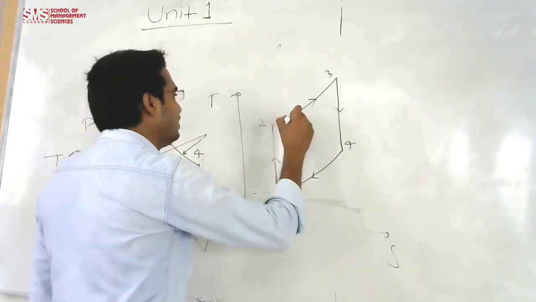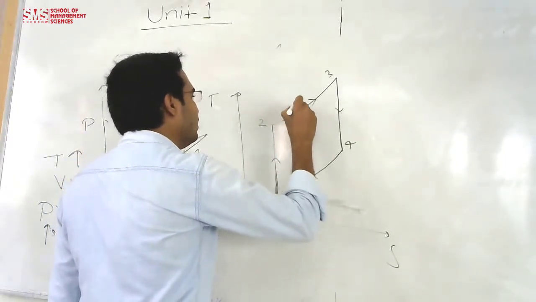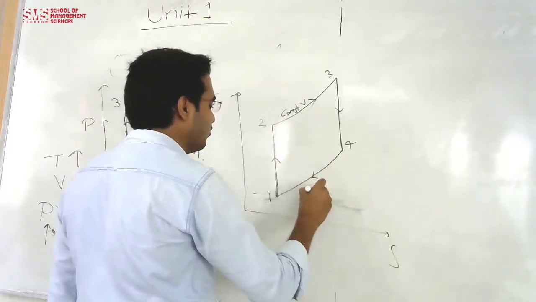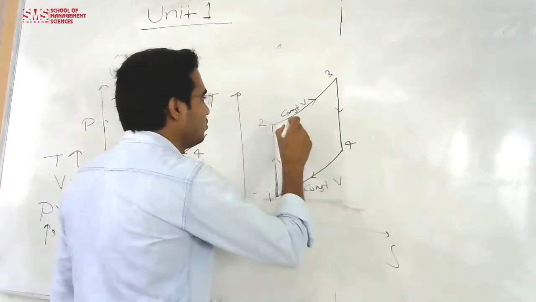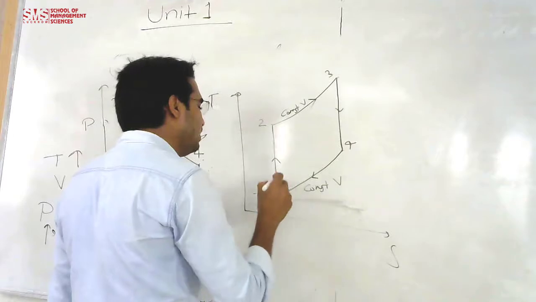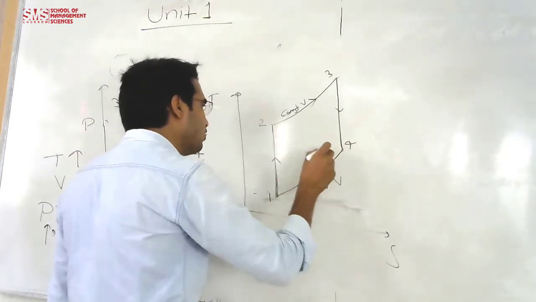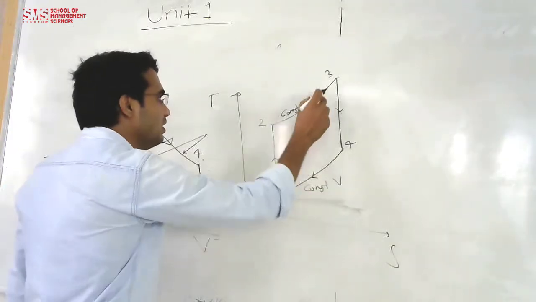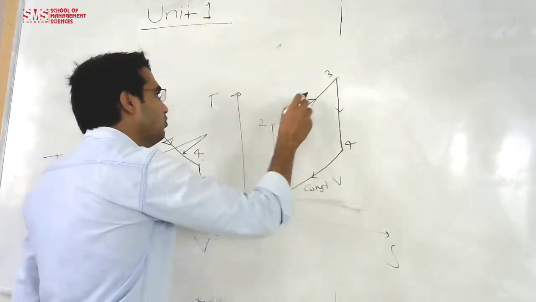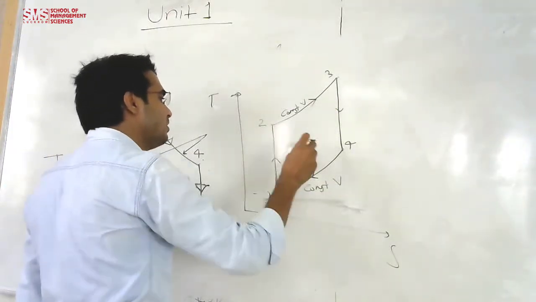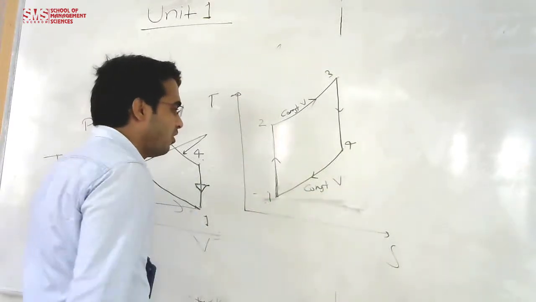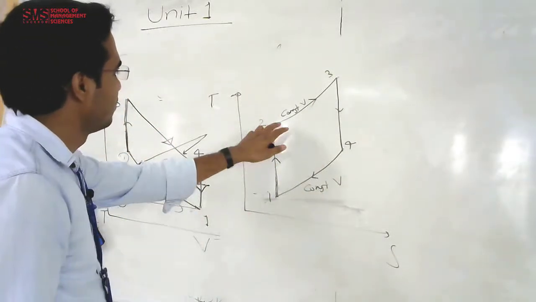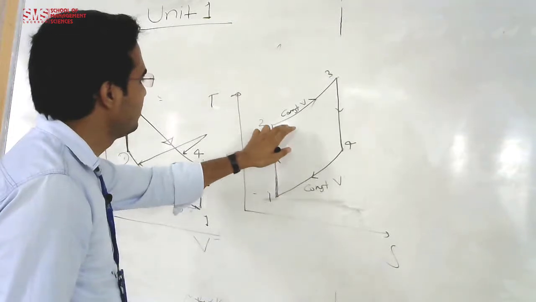So the slope of the 2 to 3 line and the 4 to 1 line will be the same. 2 to 3 is constant volume heat addition, 4 to 1 is constant volume heat rejection, so the slope of these two lines is the same.